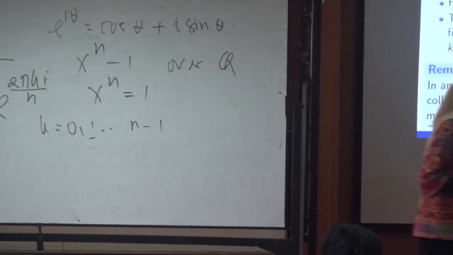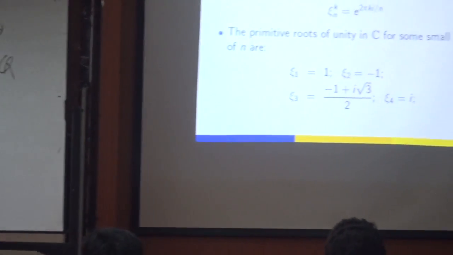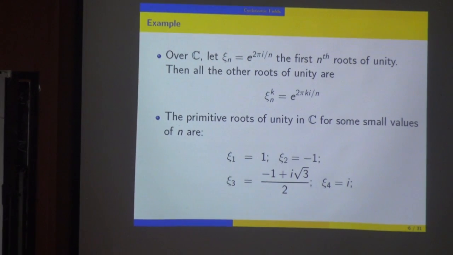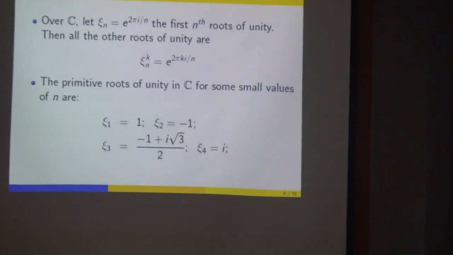If we take k equal to 1, you get this one. This is the first n-th root of unity. Then the other roots of unity are obtained by taking powers with k from 0 to n minus 1.